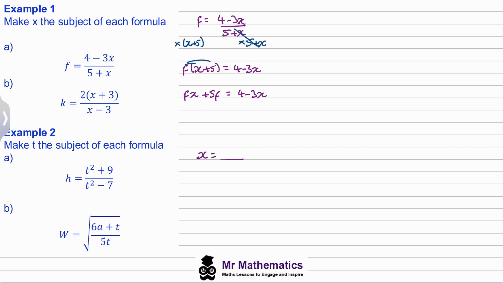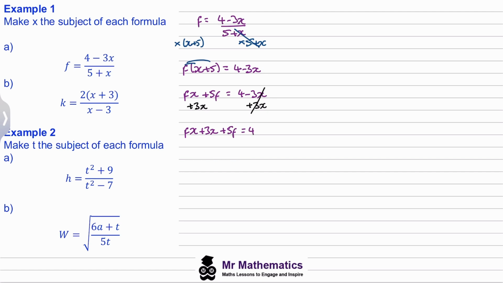This will put all the x terms on one side. So we'll add 3x to both sides. And these two will cancel to make 0. So we've got fx plus the 3x plus the 5f will equal 4.